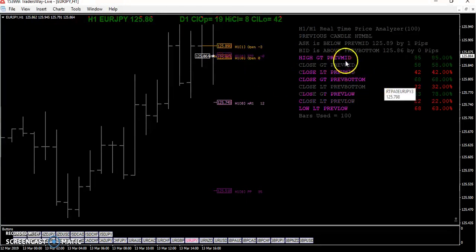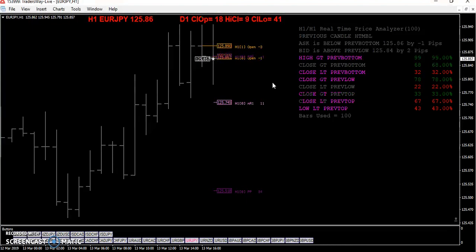And if you notice, depending on where price is, it'll give you different statistics, because it's going to give you the statistics on the levels that are closest to you. So you saw it change right there. This makes sense that the high is going to be greater than the previous bottom. You'd think it'd be 100%, but it looks like there was a gap and price just gapped down.